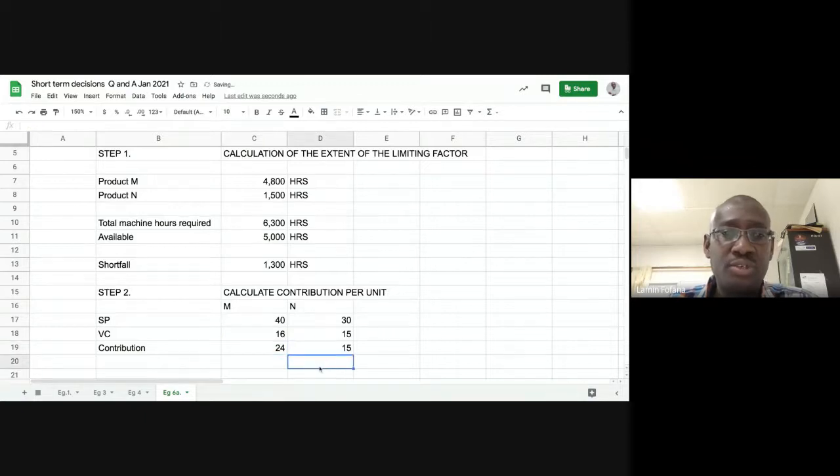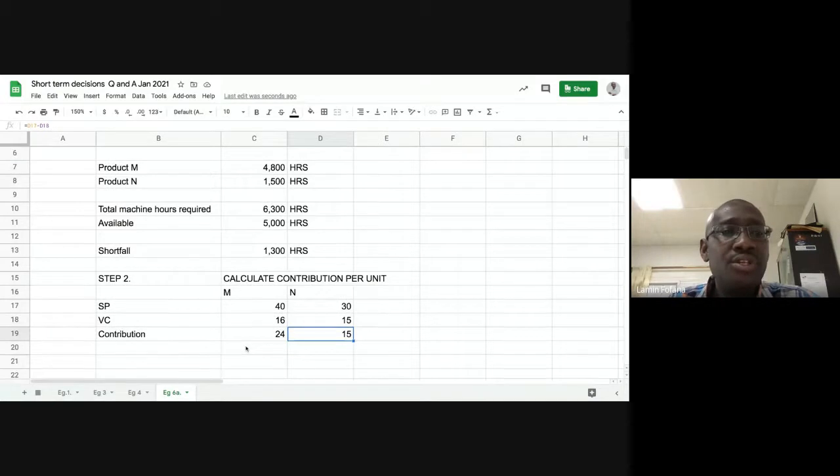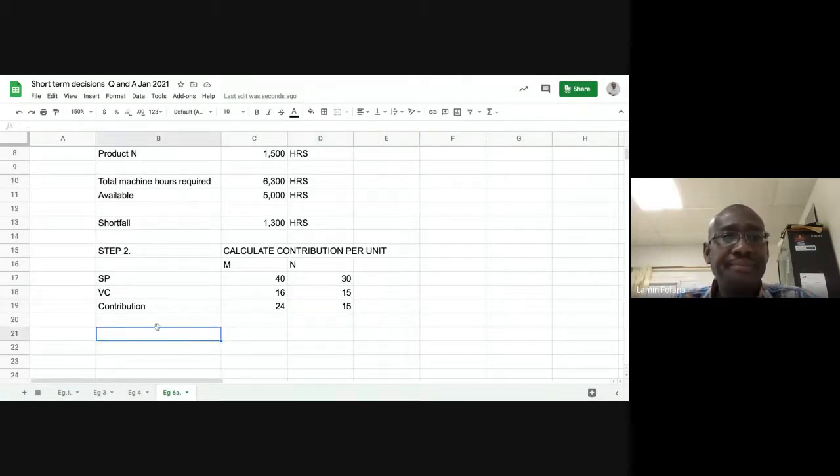So our contribution per unit is 24 and 15 respectively. Okay, right. So our step three will be calculating our contribution per scarce resource. In this case, it will be our contribution per machine hour. Okay, so step 3.